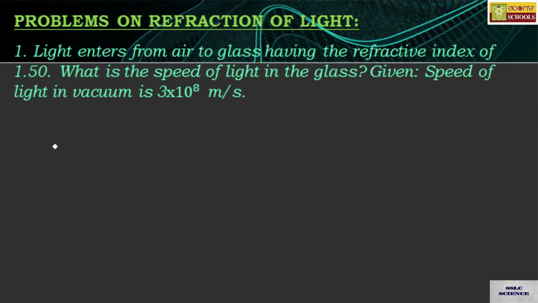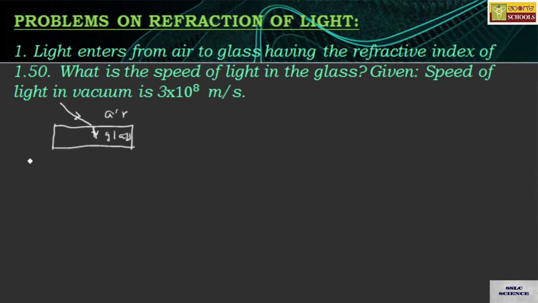Let us try to analyze the problem. Assume this is a glass slab, where the light is entering from the air medium into the glass medium. Take this as air and this as glass.